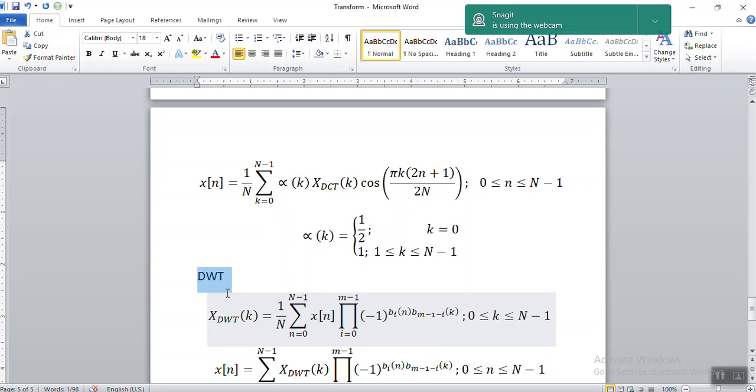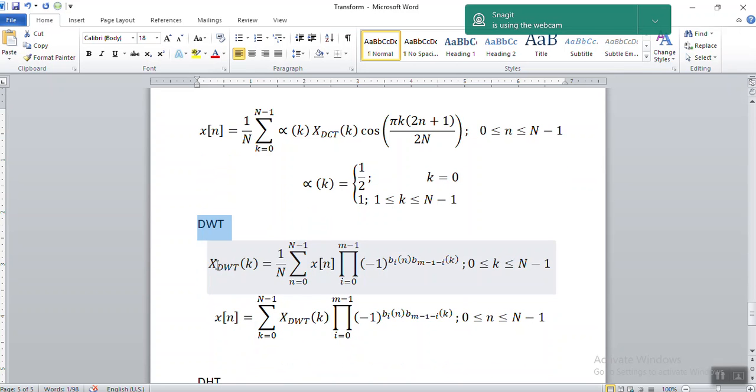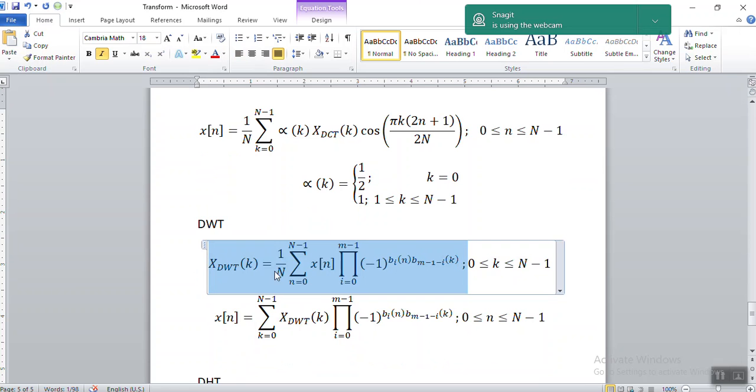Suppose capital N is 2 to the power m, then the discrete Walsh transform is defined like this: 1 by N, summation over n from 0 to N minus 1 of x of n, multiplied by the product over i from 0 to m minus 1 of minus 1 to the power b_i(n) b_(m minus 1 minus i)(k).